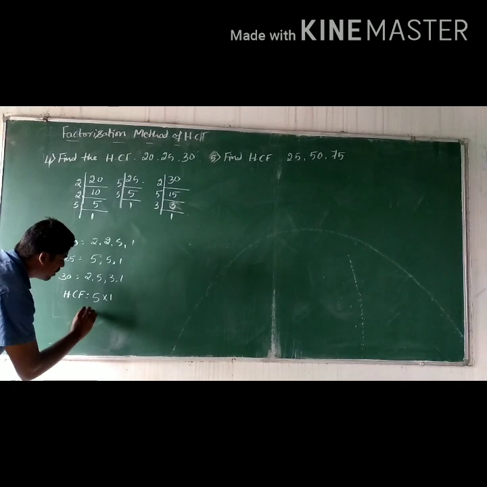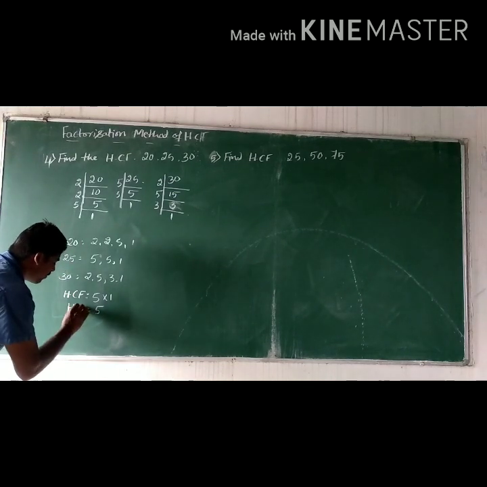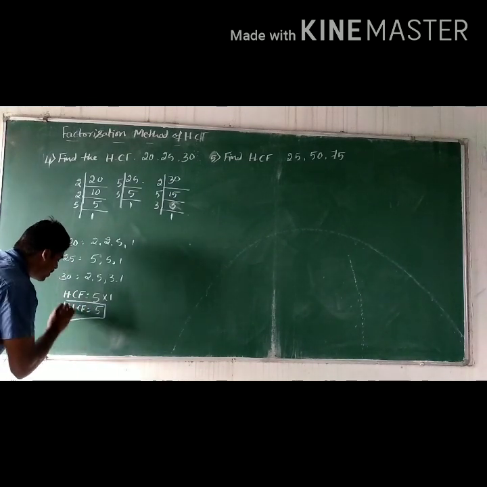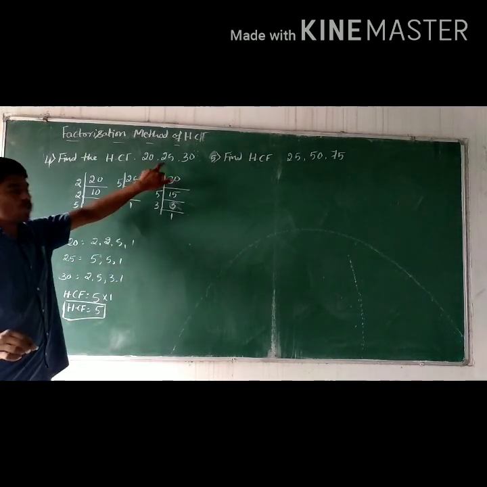That's why 5 into 1. So 5 is the HCF of 20, 25 and 30.